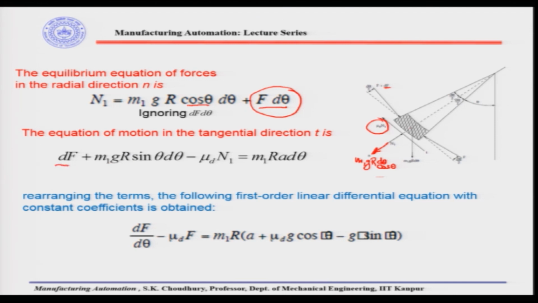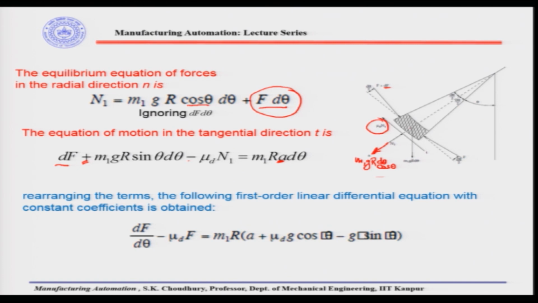So, the dF, this is the first element. Then we have the m1 g r d theta and here it will be sin theta. So, this will be in the opposite direction to mu d N1. Therefore, this is plus and this is minus mu d N1. This is equal to m1 r d theta and the acceleration. A is the initial acceleration of parts in the track.